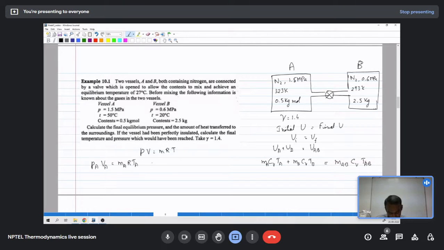So to calculate this MA, I know it is 0.5 kg mole, divided by the molecular weight will give me, multiplied by the molecular weight will give me kgs. So this is 0.5 kilogram mole into, for nitrogen the molecular weight is 28 gram per mole.